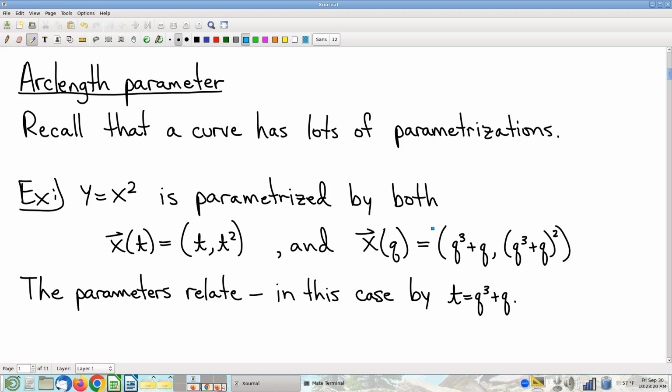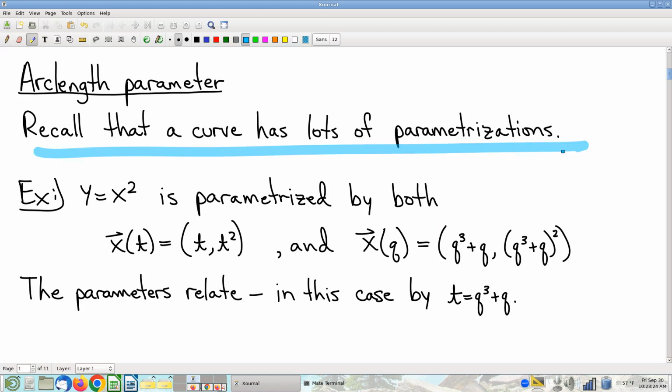The first thing I want to point out to segue into that concept is that every curve actually has lots of parameterizations. It's easy to forget. Usually we would talk about a curve as having an equation, the graph of a function. But we can't talk about the parameterization, because there really are very different parameterizations of the same curve.